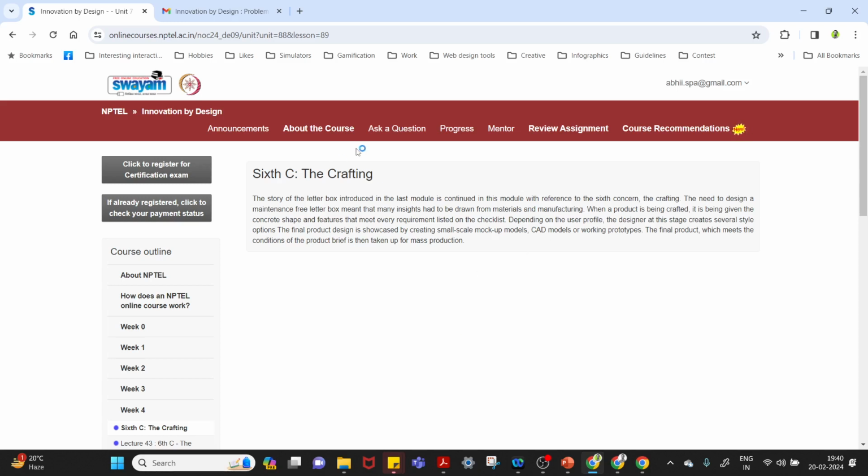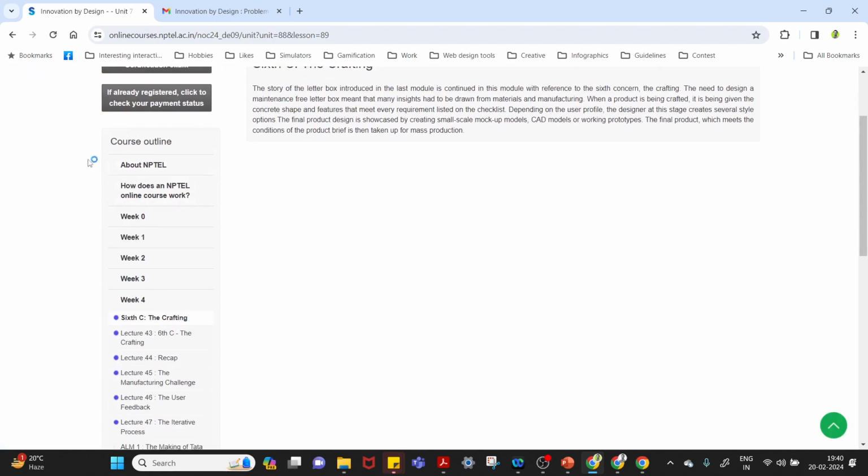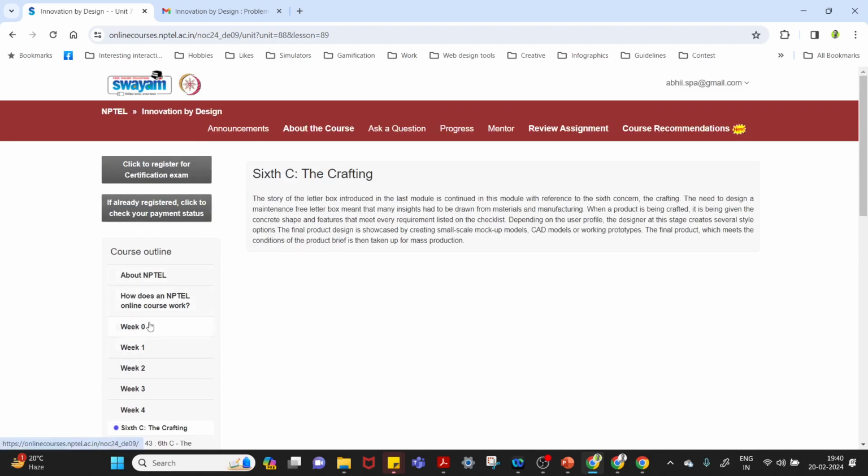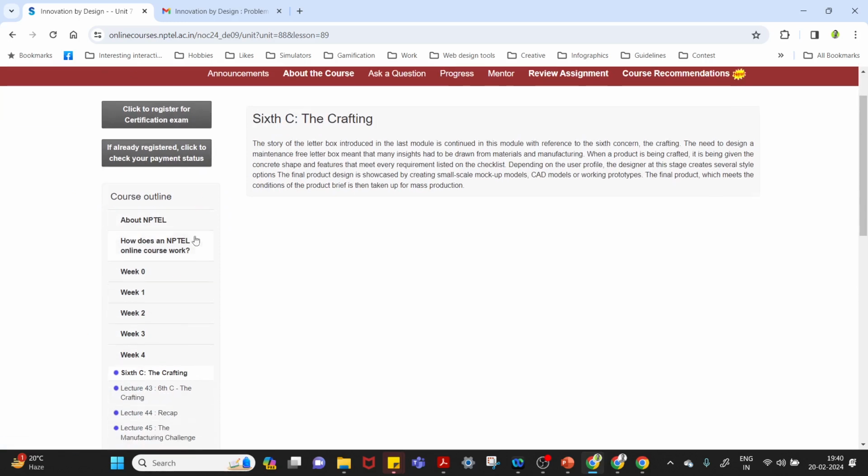So when you log in to the NPTEL platform, this was the screenshot I was talking about, and you have got different tabs. Each tab basically tells you different information. We talked about the left thing, the left widget. If you have still not registered, you can try exploring this.